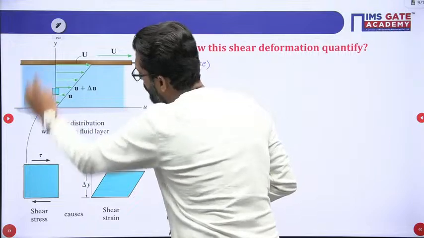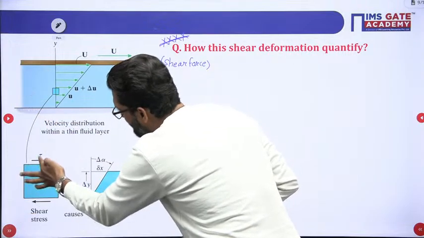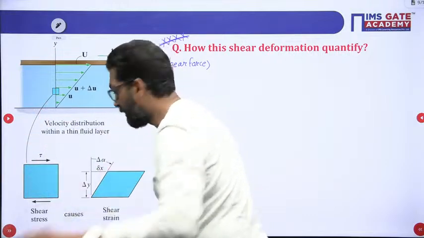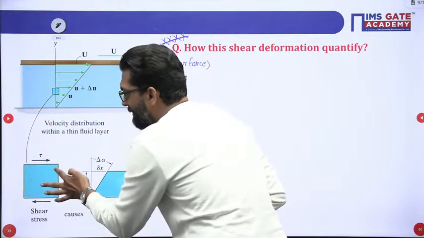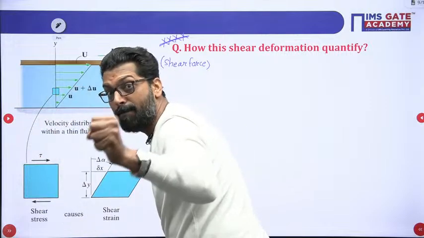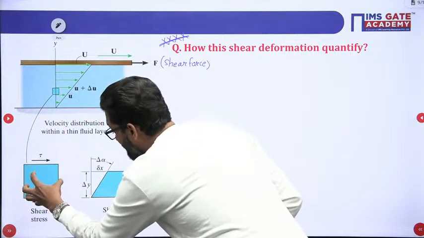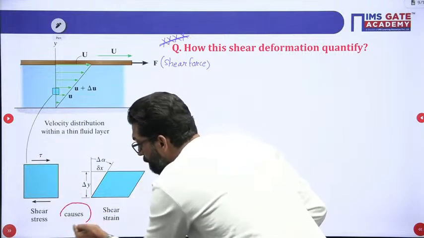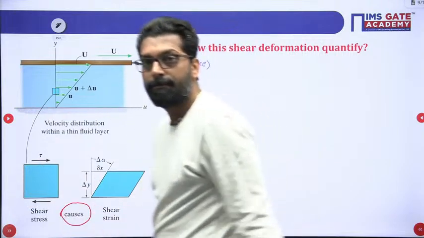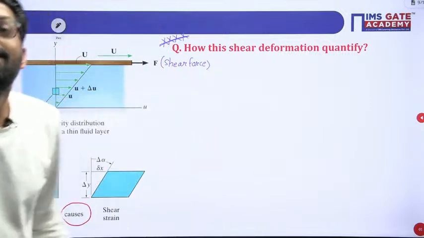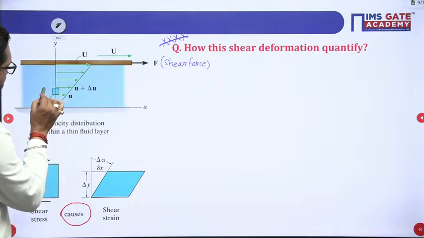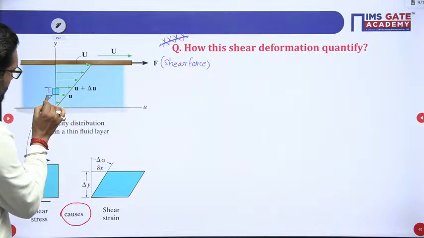This will act as shear stress, yes or not? How to define the direction we'll discuss. This shear stress is very important. This shear stress will cause the shear strain. So let's suppose this layer, this distance is your delta y.